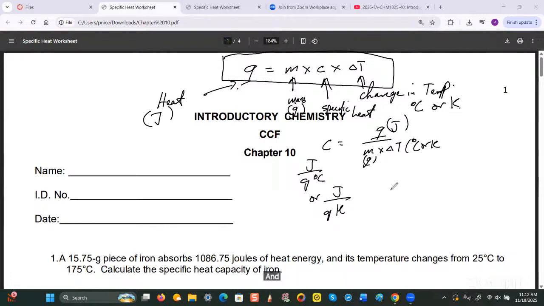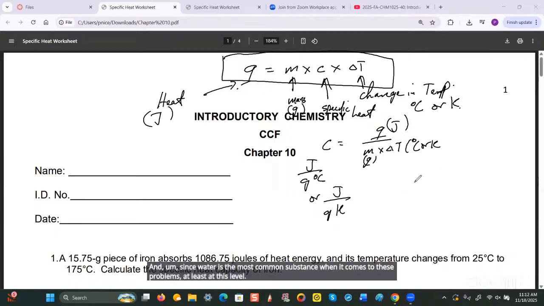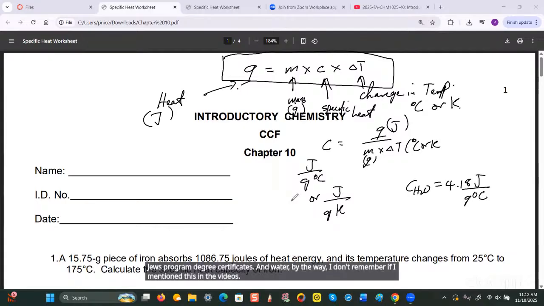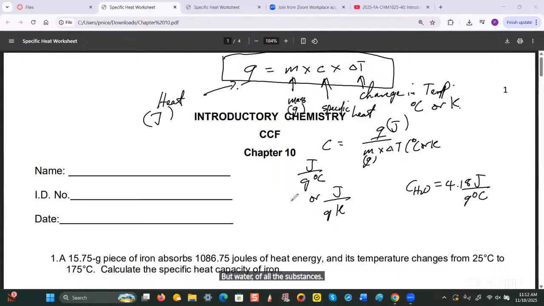And since water is the most common substance when it comes to these problems, at least at this level, the specific heat of water is equal to 4.18 joules per gram degrees Celsius. And water, by the way, I don't remember if I mentioned this in the videos, but of all the substances that are commonly encountered, water has the highest specific heat, all right?